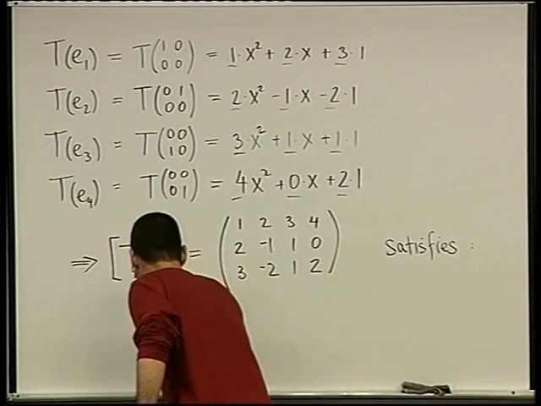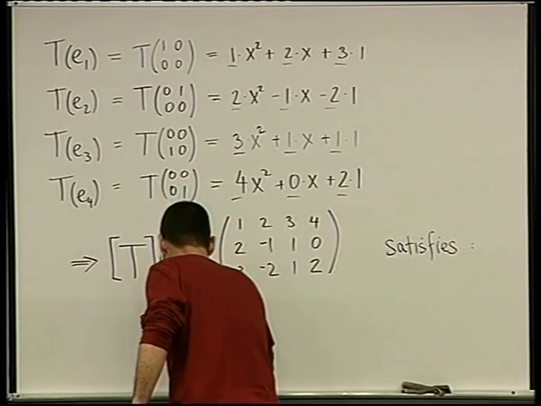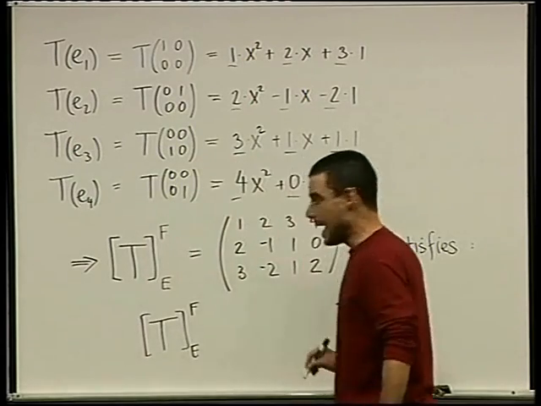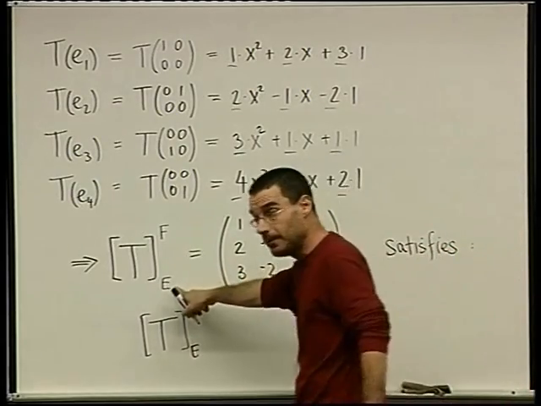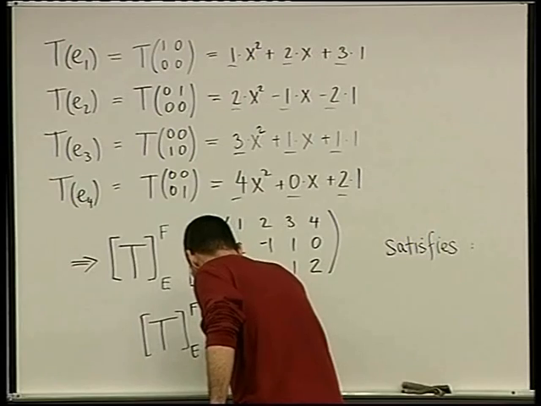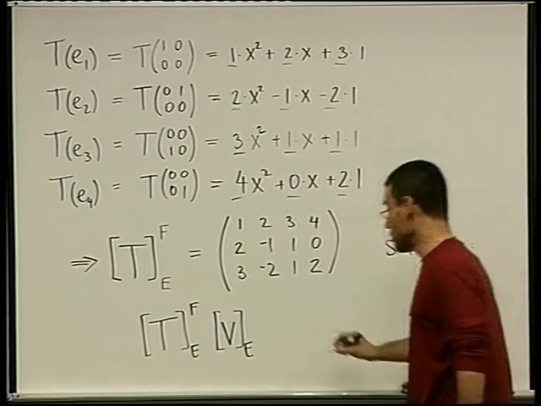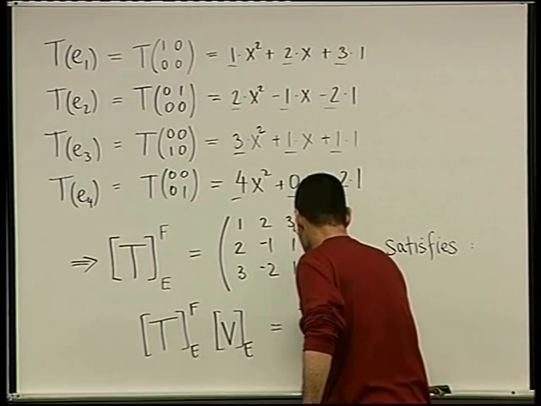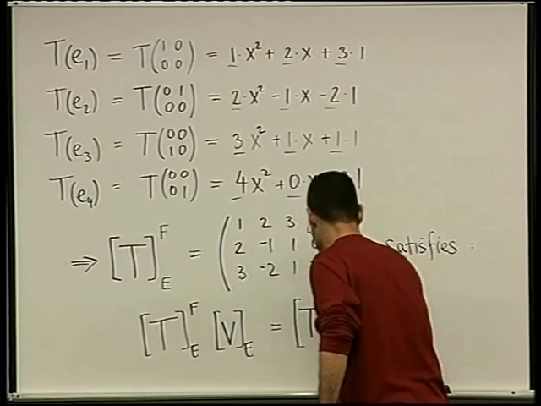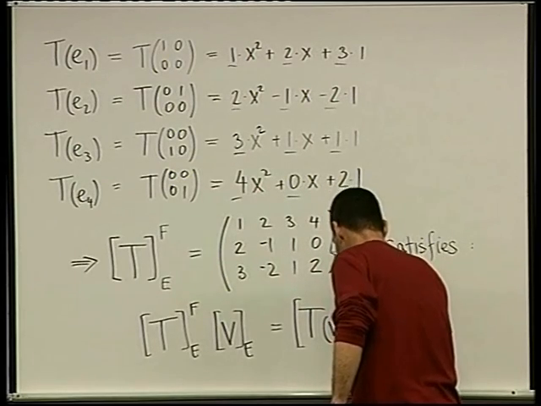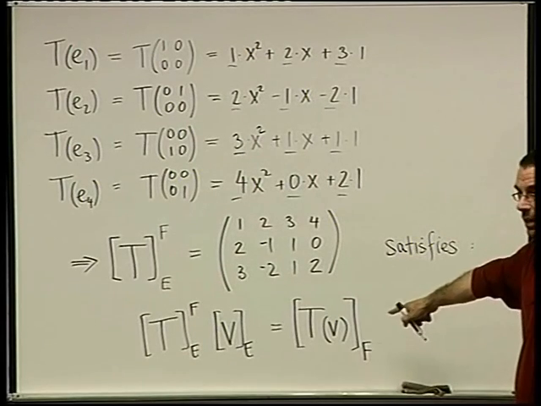That if you take this matrix, and multiply it by a coordinate vector with respect to the basis E, so that's denoted V, coordinate vector with respect to E, what you get is what T would have done to V, expressed as a coordinate vector in the basis of the range, in F. Now are you freaked out?